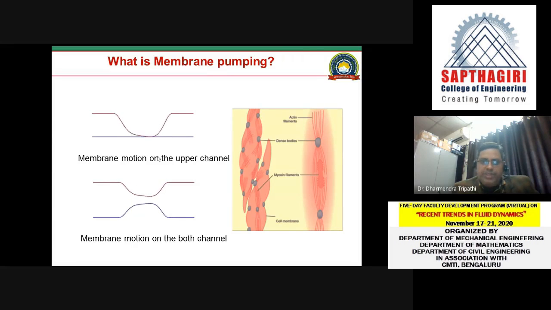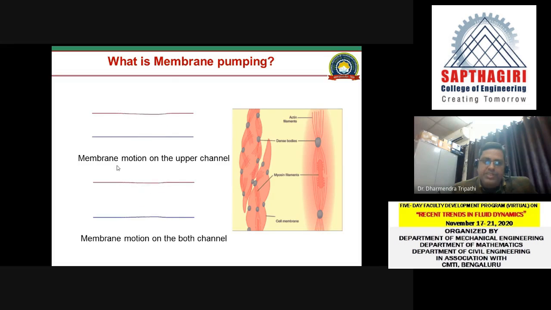The third type of pumping in our body is membrane pumping. In our body there is a cell membrane, and due to this cell membrane there is a pump, and we can see how it works and how it pushes biological fluid from one part to another part.